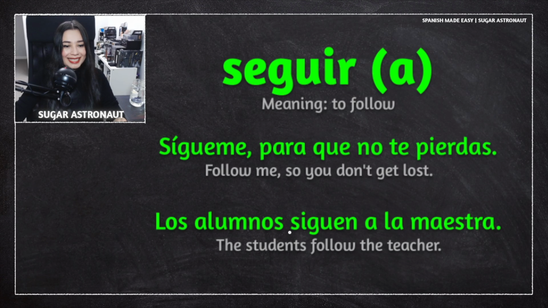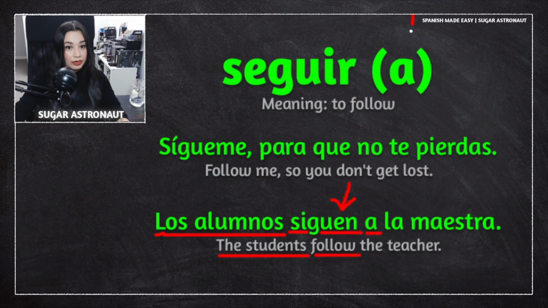The verb seguir is right here, siguen, okay? And it's conjugated for the personal pronoun ellos siguen. Ellos means they, so that's because we're talking about los alumnos. Okay, los alumnos means the students. Los alumnos siguen, follow.